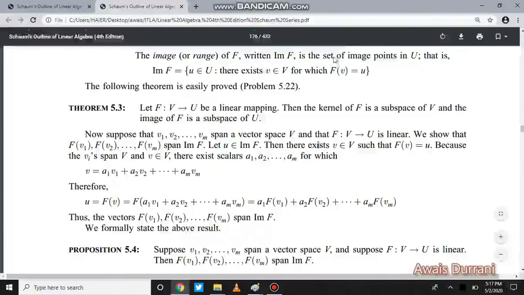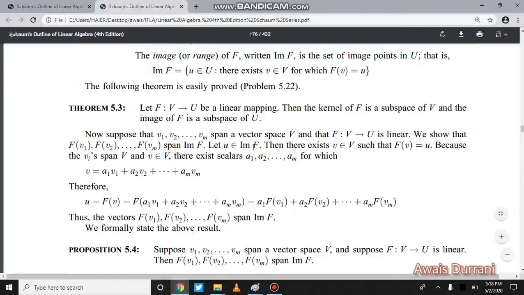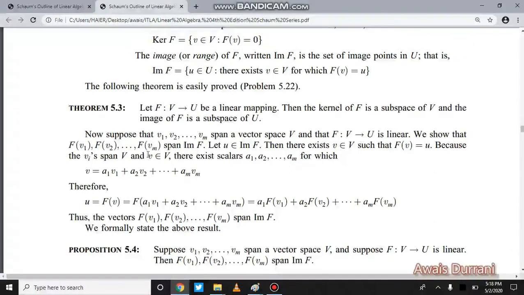But we can see that u is an arbitrary element of the image of F. It means that every element of the image of F can be written in the form of a linear combination of f(v1), f(v2) up to f(vm).